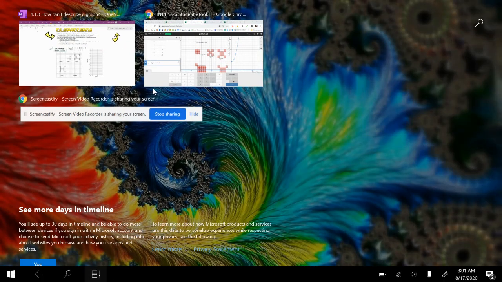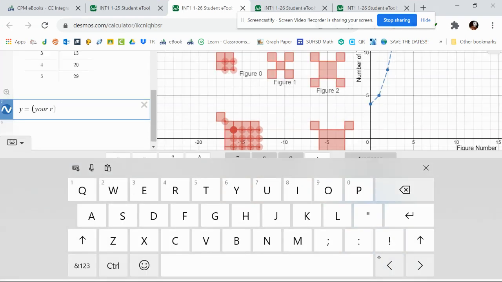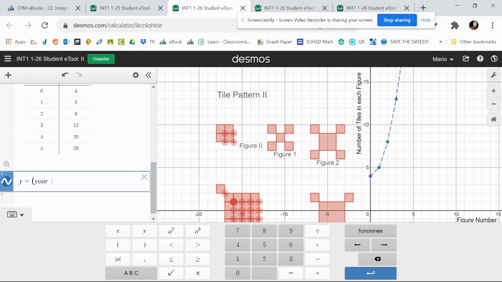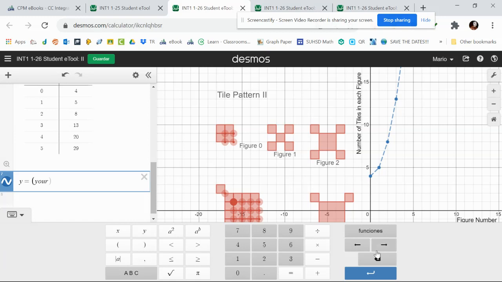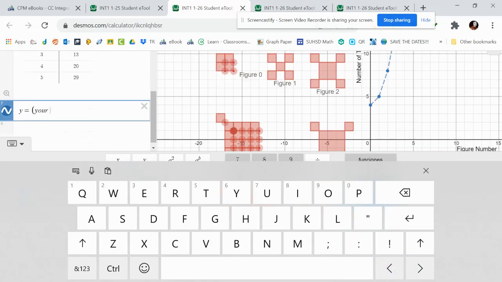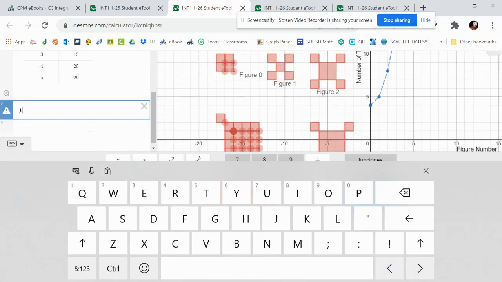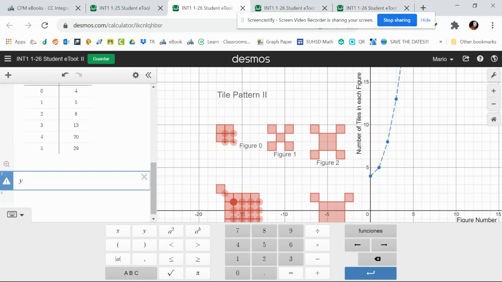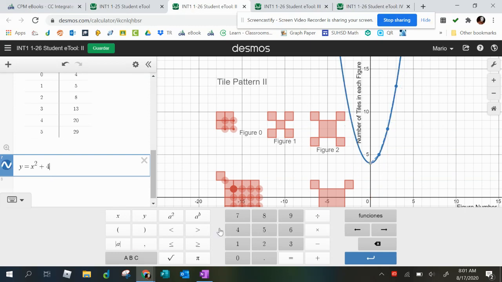So let's type it in. y equals x squared plus 4. If you guys notice, it matches pretty much the same path that I had right here with the other graph.